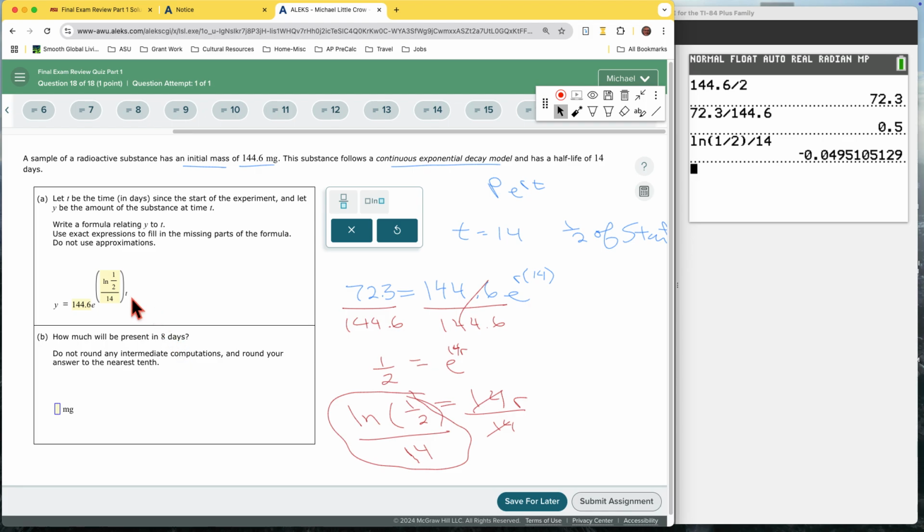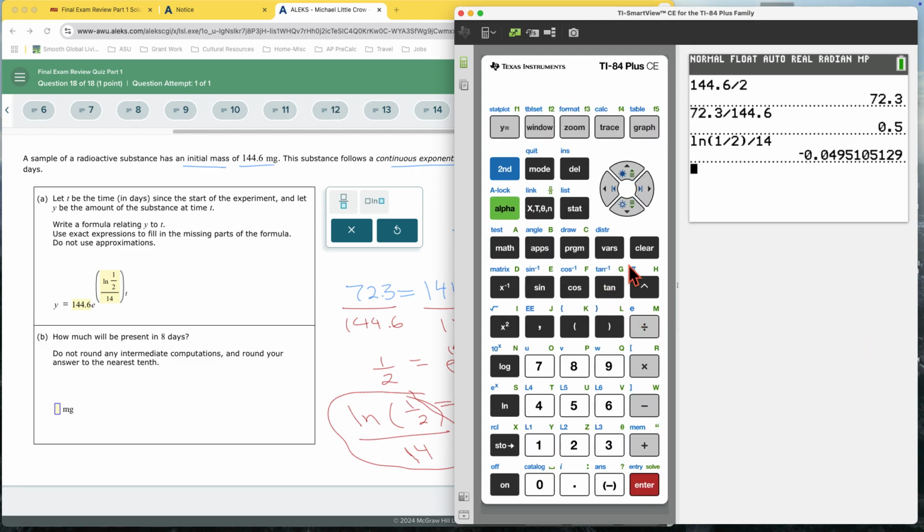Now that we have this, we plug in 8 for t, and now we can calculate it, and they do want it rounded to the nearest tenth. Okay, so we can come back here.